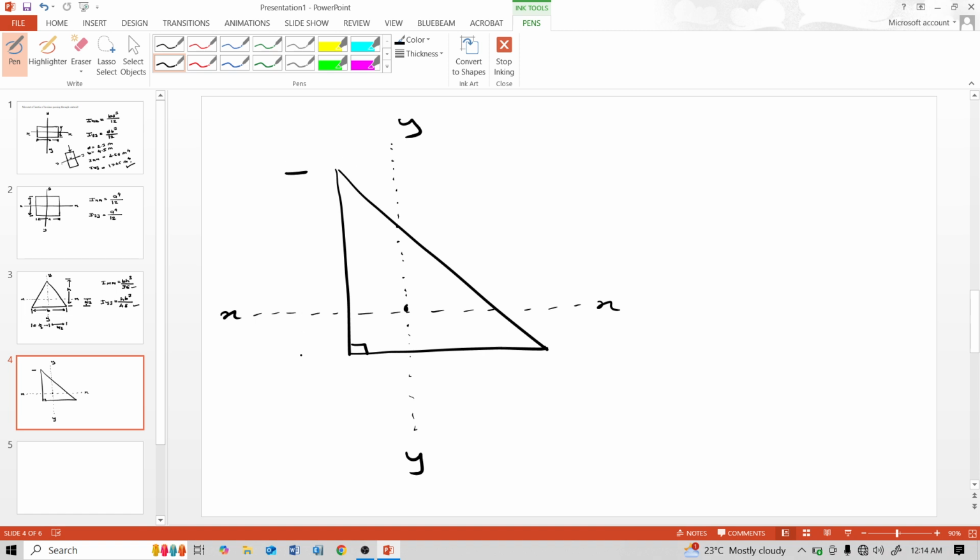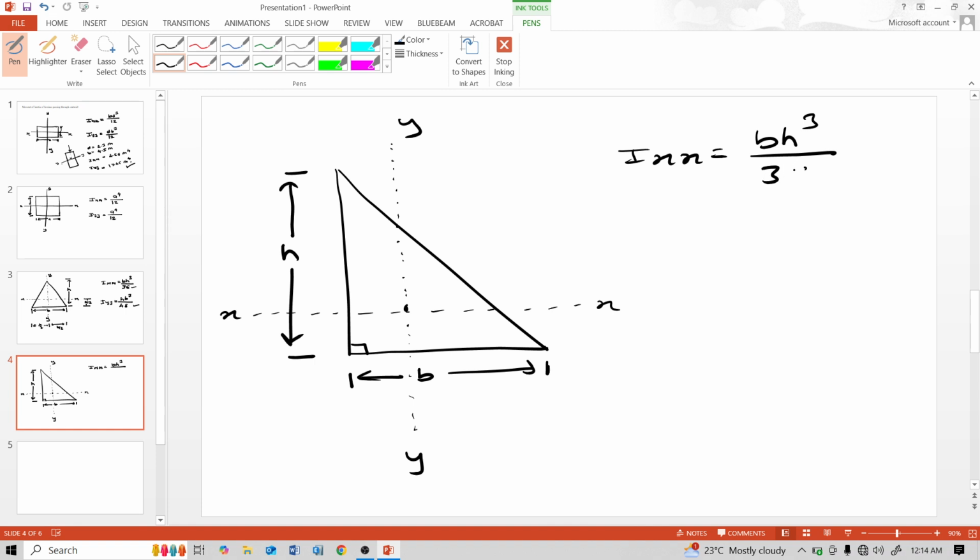This is height of triangle, right angle triangle, H, and this is B. IXX parallel to this XX is B as it is, H cube by 36, and IYY, parallel side is H, B cube by 36.